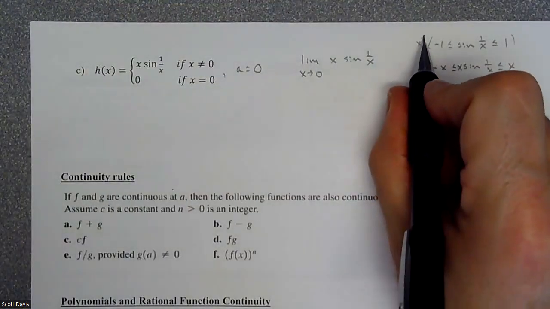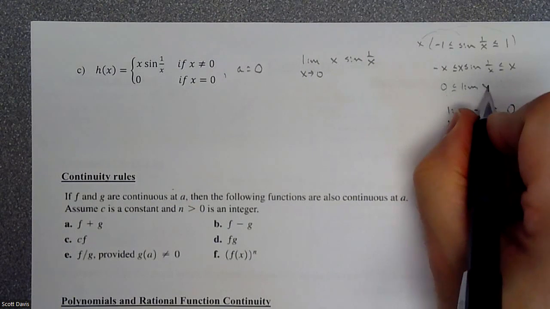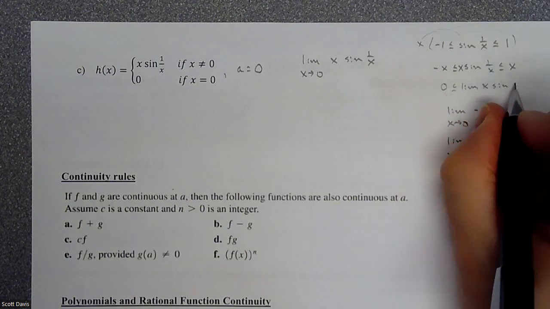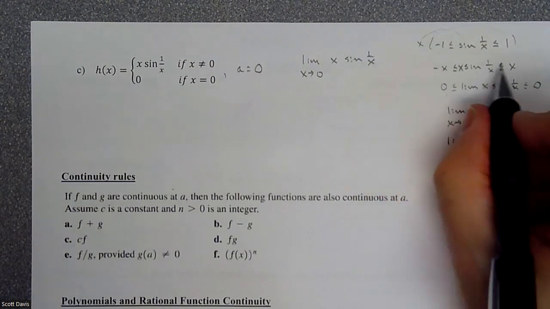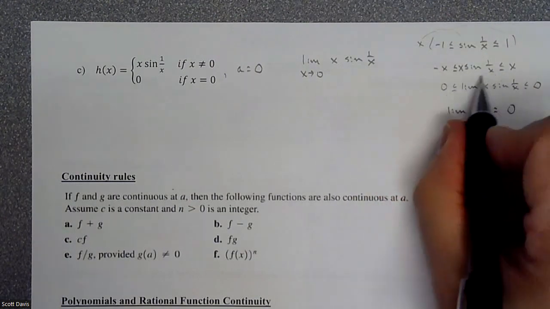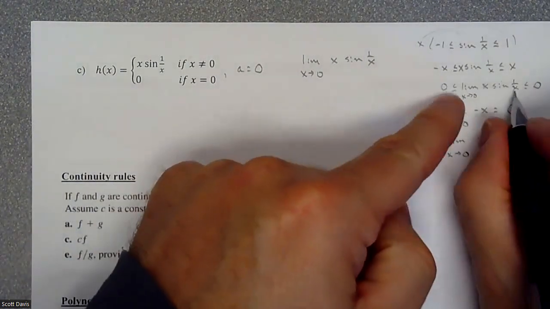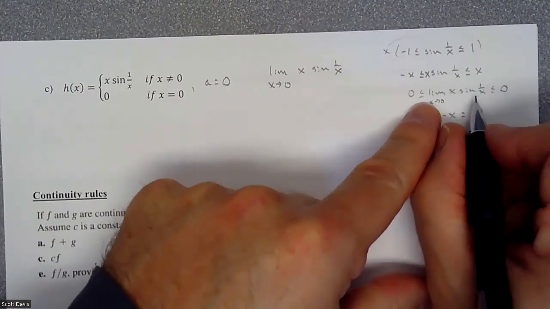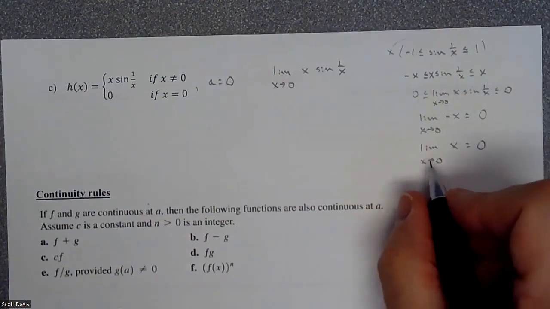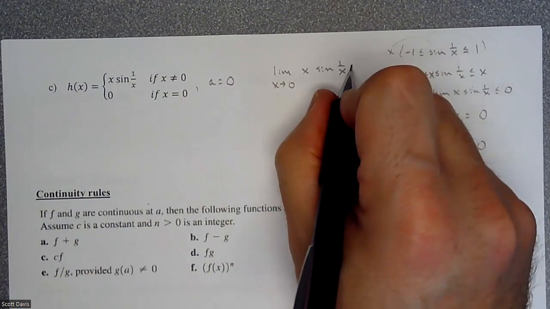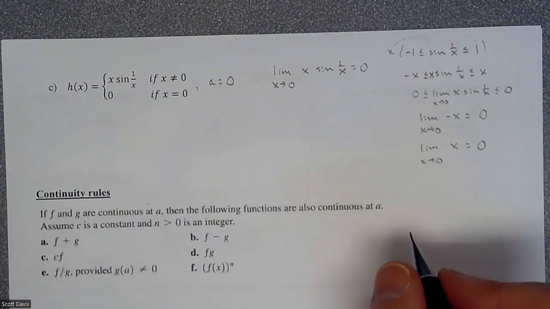Sorry, we should have been distributing an x to every single piece, and I forgot to distribute to that middle piece. So if these are approaching 0, then our limit of x sine 1 over x as x approaches 0 is going to be squeezed into a number in between, and that number is going to be 0. So our overall limit is approaching 0. There's the limit part.